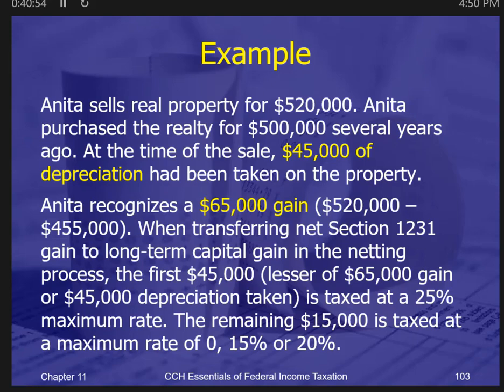First, the rest of it, the amount over what we originally paid for it, is an actual capital gain, Section 1231 capital gain, at the lower tax rates. I mean, 25% is still lower, but it's not as low as it could be.